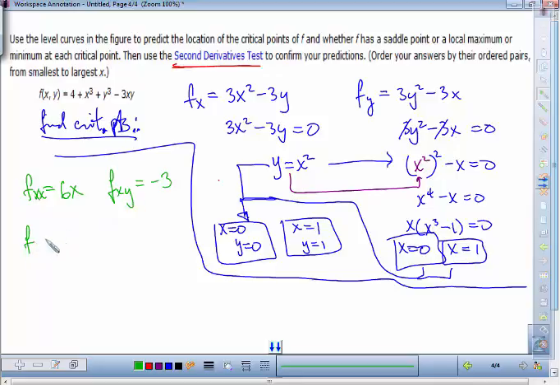And just to show you that fxy and fyx are actually equal, I can go to fy and then take the derivative of this with respect to x. And 3y squared is constant, so that's gone. So this is again negative 3, which we knew. And fyy is going to be 6y.